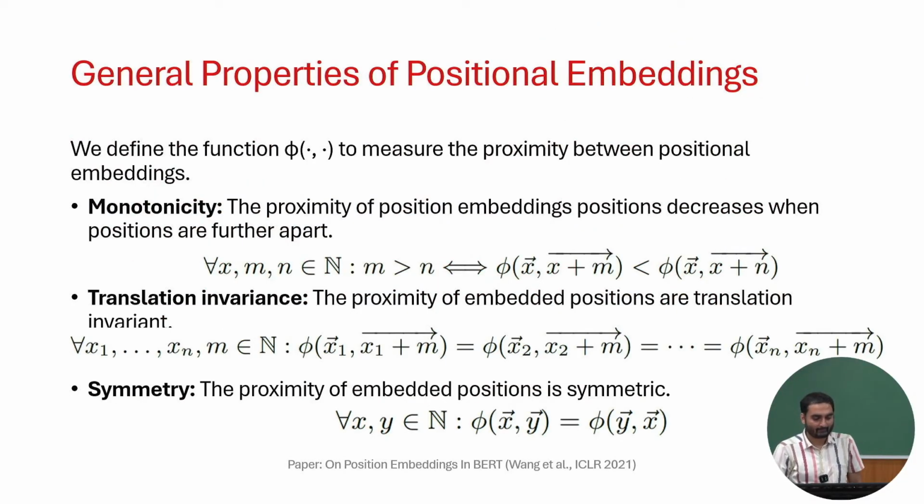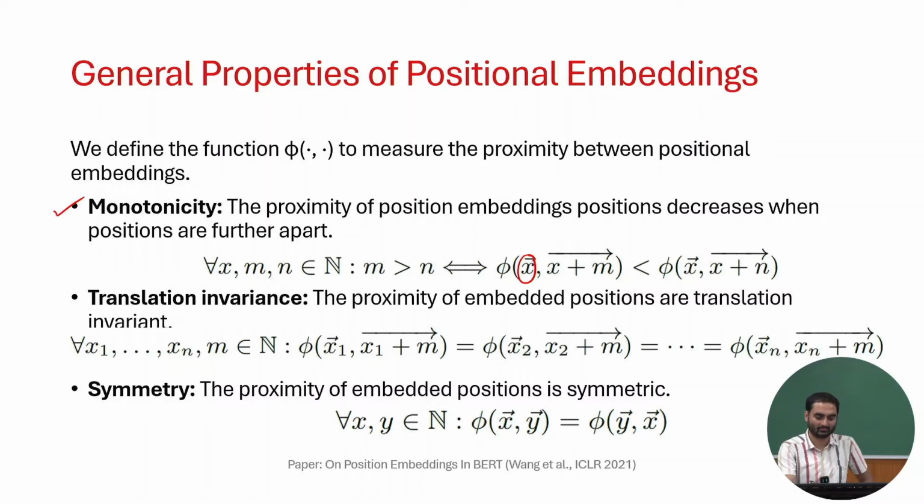Okay? So these are the three properties that we generally consider when people think of new positional embedding techniques, right? The first property is called monotonicity, which says that the proximity of the positional embeddings decreases when the positions are far apart. I already mentioned that, right?